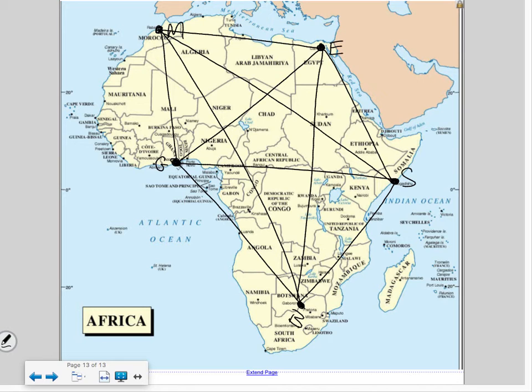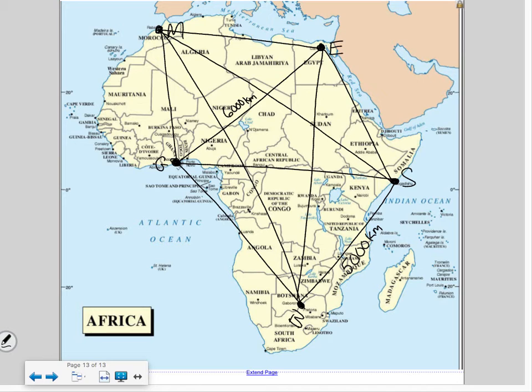So this is going to be 5,000 kilometers. Oh, that's a lot. At least I didn't put it in meters. Okay, so we'll make this 6,000 kilometers from Ghana to Egypt.